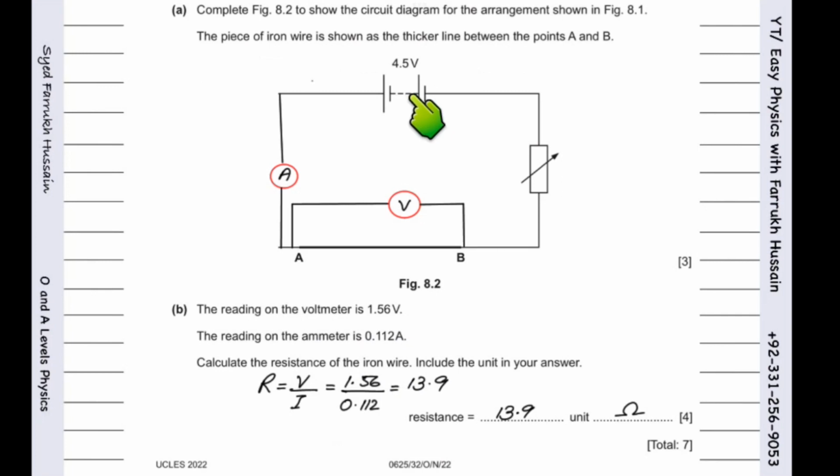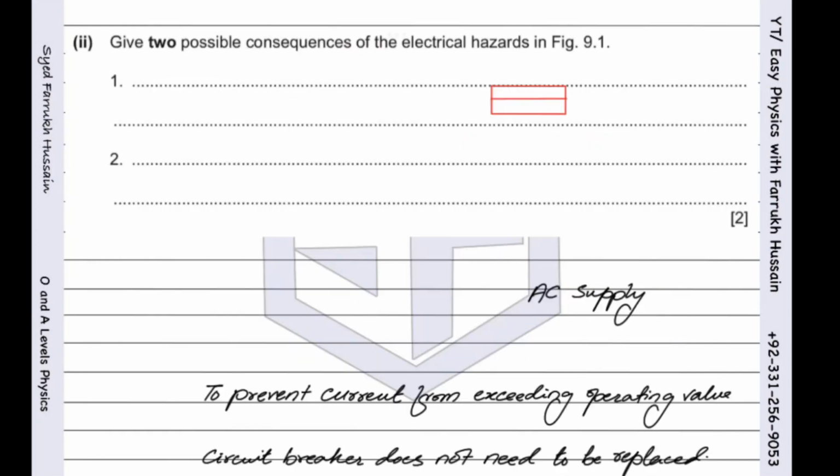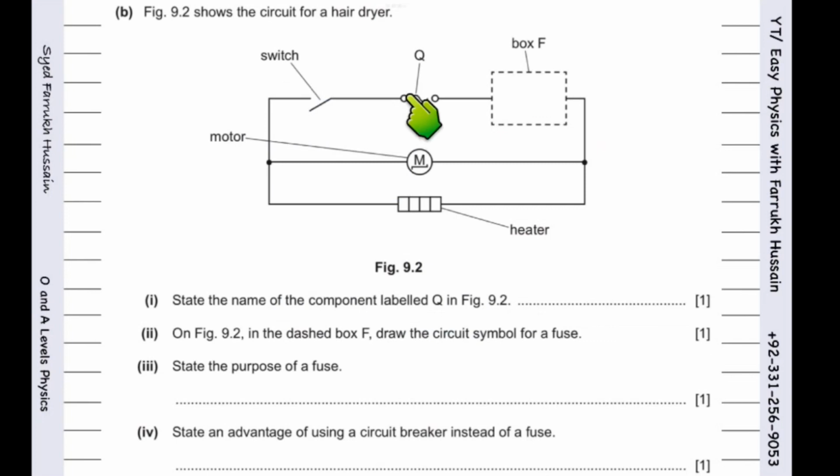This symbol is for direct current supply, DC supply. Both are power supplies, but one is DC and the other is AC. You should know AC and DC. We have done this in chapter 4 of electricity, practical electricity.